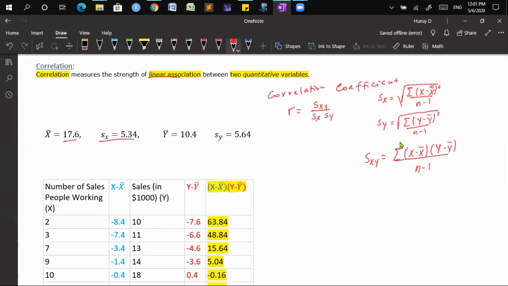But in general, finding them separately is much easier, and it will reduce the mess of the work. So this is what we call the correlation coefficient, given by this formula. Now, what are the possible values of the correlation coefficient?